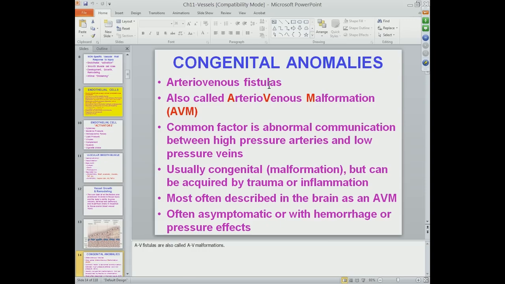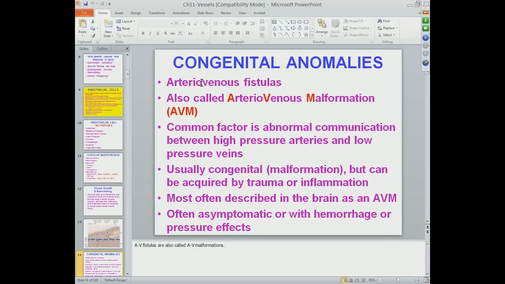A fistula is defined as a connection between 2 tubular structures. For example, between a bladder and a rectum would be a rectovesical fistula. But in this case we have an arteriovenous fistula.